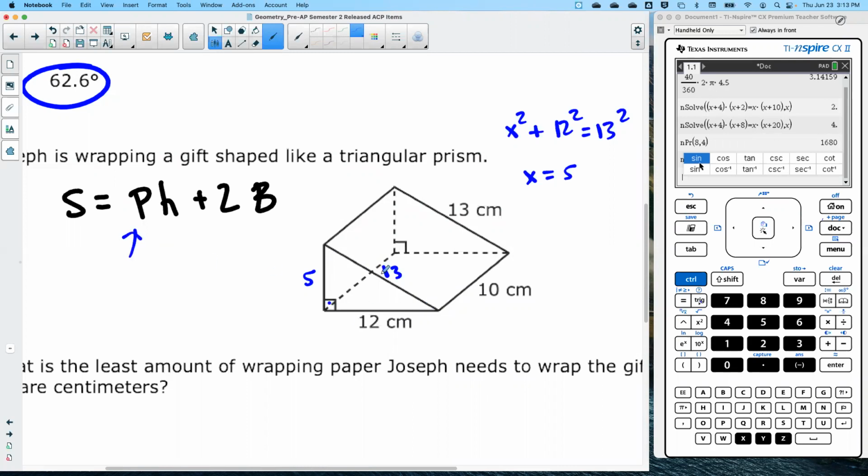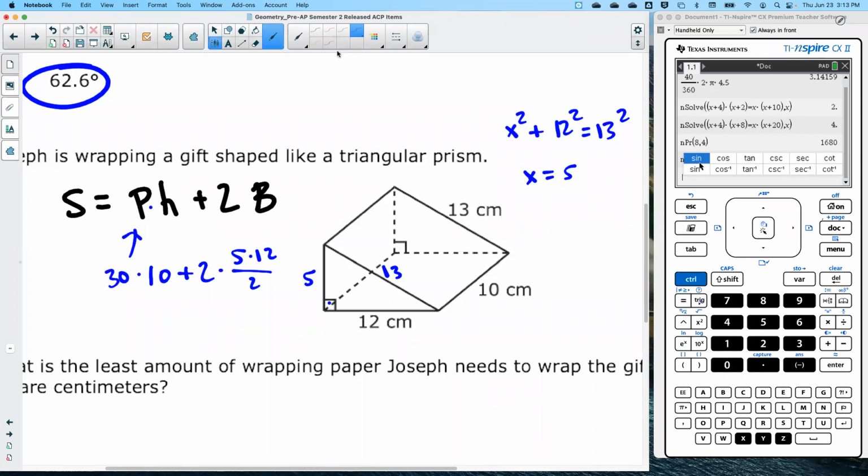Yeah, and then for H you place 10. 13 plus 12 is 25, plus 5, 30. And then multiply that times the height, 10. And then for the base area, base times height divided by 2. 5 times 12 divided by 2. 30. All right.